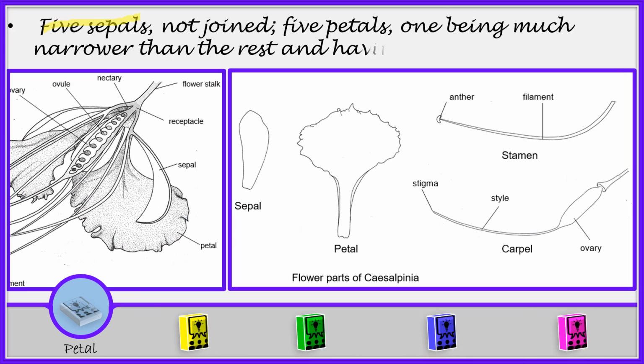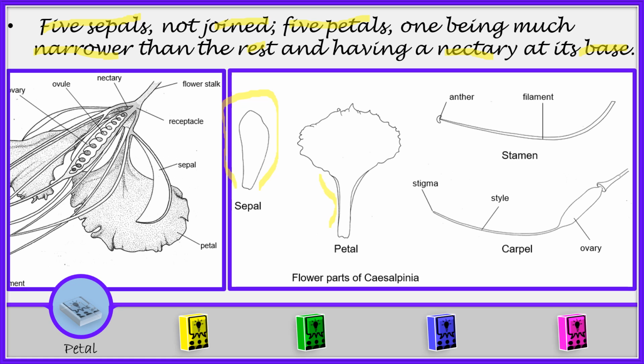Five sepals which are not joined. There are 5 petals, one being much narrower than the rest and having a nectary at its base. So we have the sepals, there are 5 of them. This is a sepal. We have 5 of them, they are not joined.